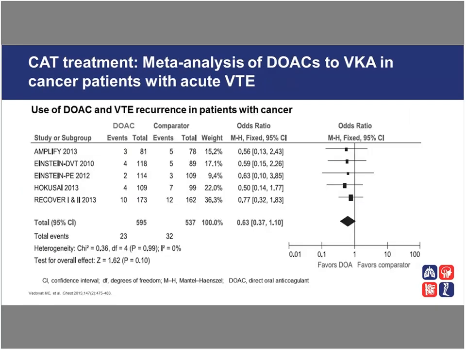So if we actually look at these subgroup analyses specifically, and we look at the meta-analysis that is noted here of DOACs versus vitamin K antagonists in cancer patients with acute VTE, we have the AMPLIFY, the EINSTEIN DVT, the EINSTEIN PE, the Hokusai and the RE-COVER 1 and 2, with the whole gamut of direct oral anticoagulants, specifically apixaban, rivaroxaban, edoxaban, and dabigatran.